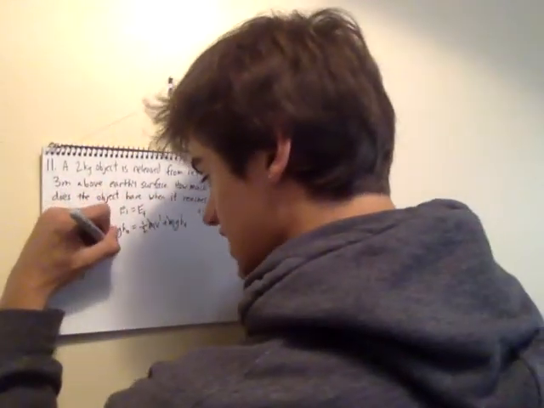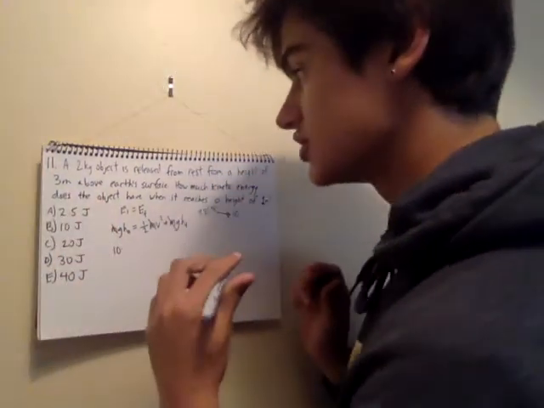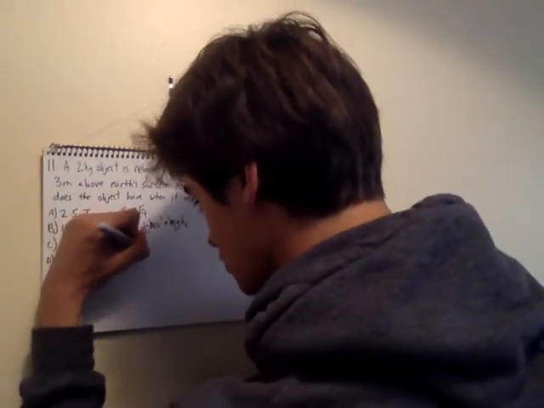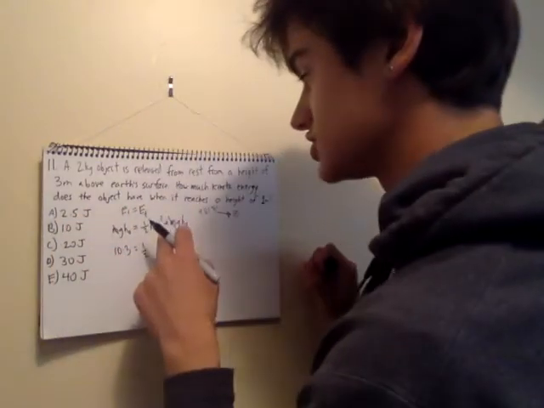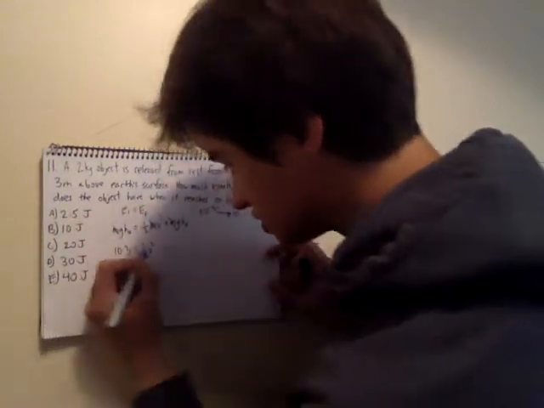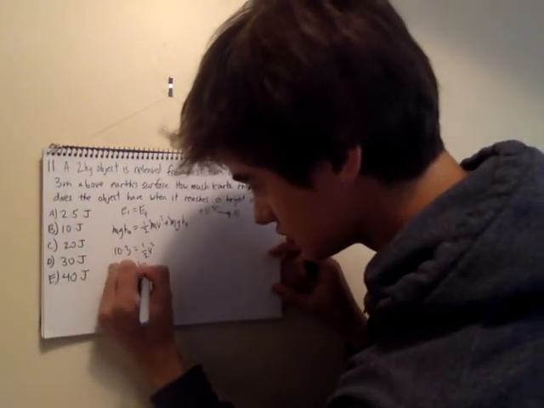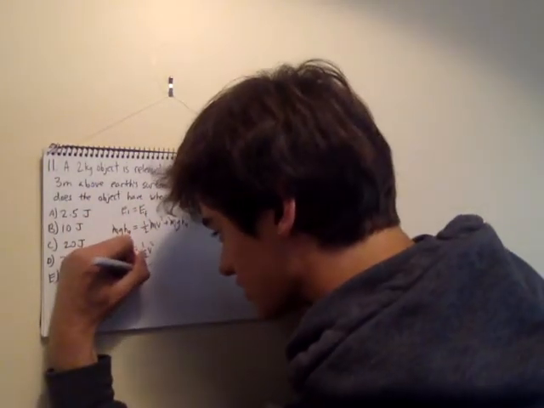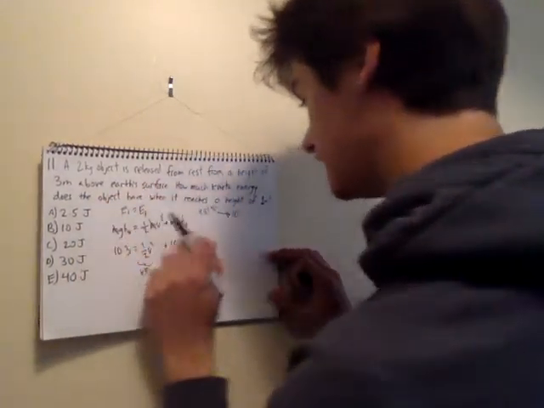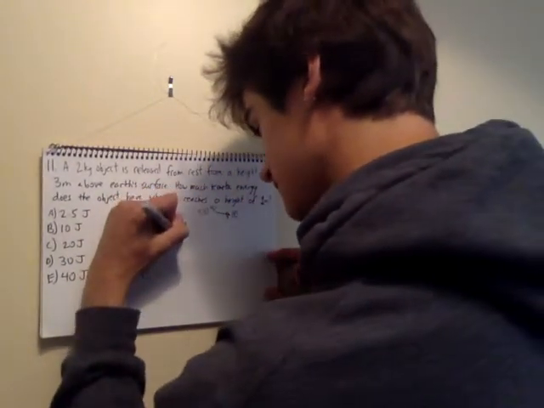So 10. What is our initial height? 3 meters. 10 times 3 is equal to 1/2 times our velocity squared. This is still the kinetic energy part of our equation. And then plus, again, we have g and height final. Height final is 1.